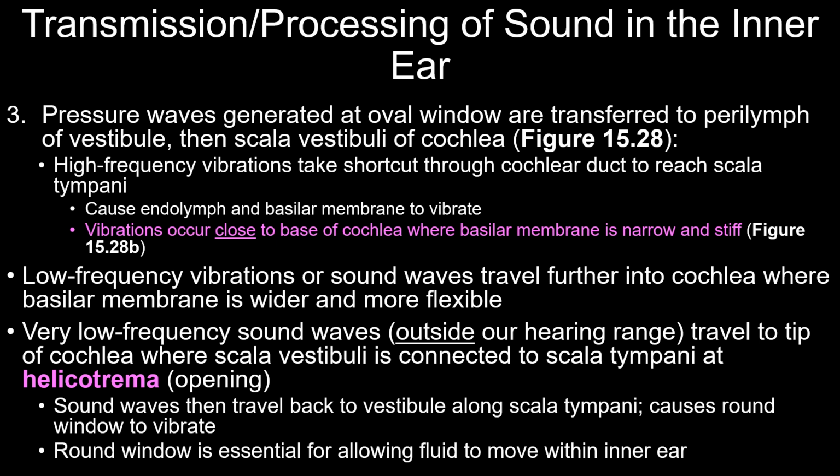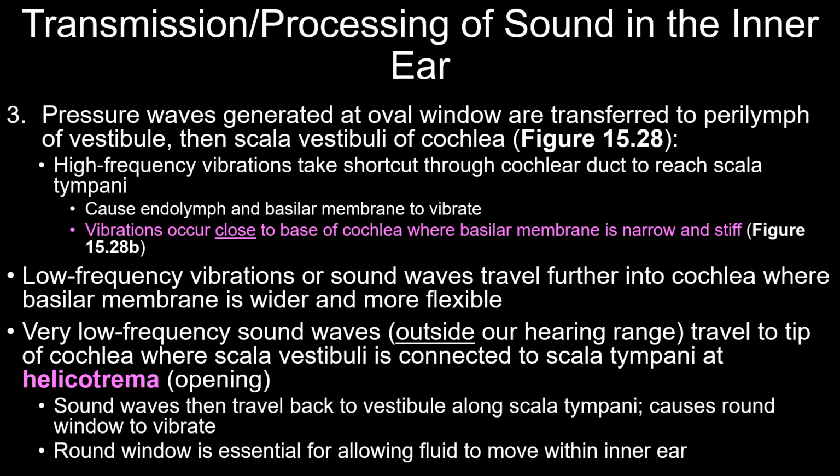Another thing to mention is that these pressure waves actually differentiate. They're not all processed in the same areas. Pressure waves from high frequency vibrations and high frequency sounds are only going to travel a short distance into the cochlea, and then this causes the basilar membrane to vibrate where it is narrow and stiff.